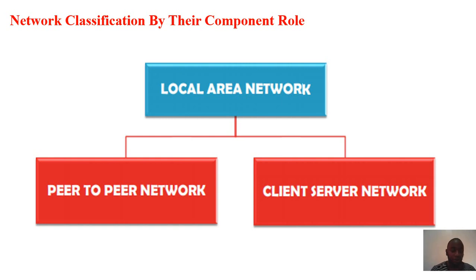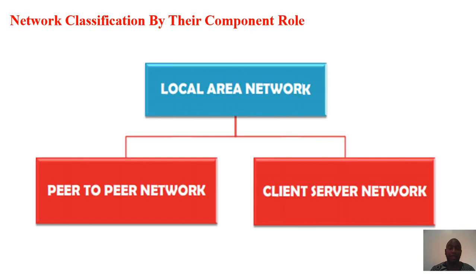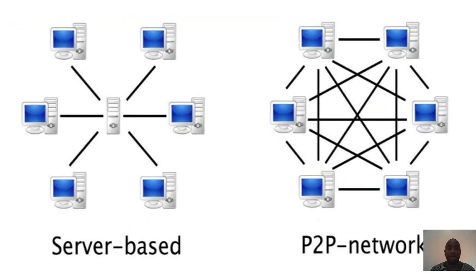You don't need to use another device to connect it. For you to understand it better, I will be sending you some notes on that. Another is client-server, where you have someone querying a service from the server, and it's mostly secured. So let's go to the next slide.